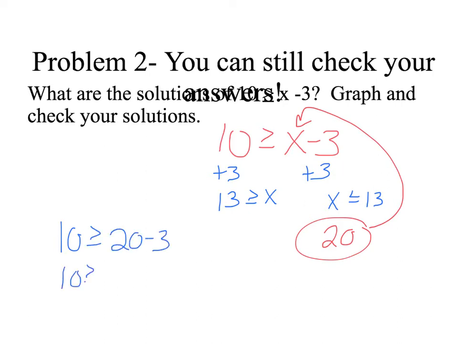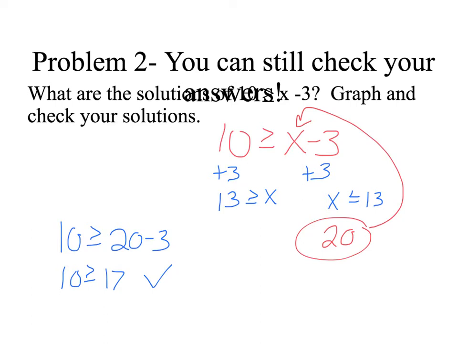So is 10 greater than or equal to 17? Yes. Just like with equations, you could plug your number back in to see if it was true, and you can still do that with inequalities. You're just going to plug something back in. And because this was greater than or equal to, we could have actually plugged in 13, because, wait a minute.